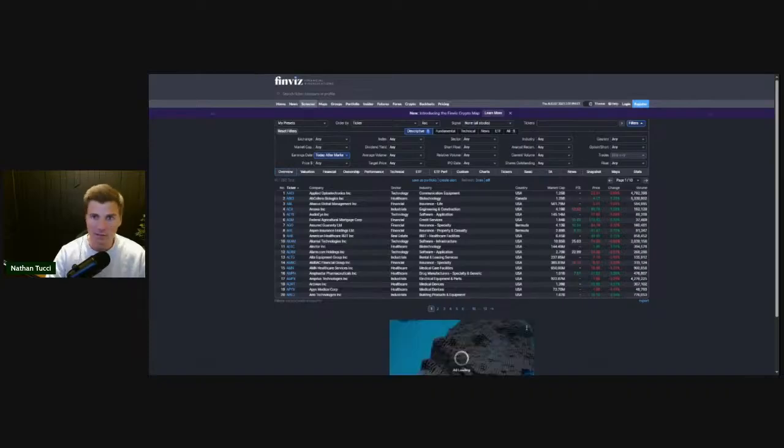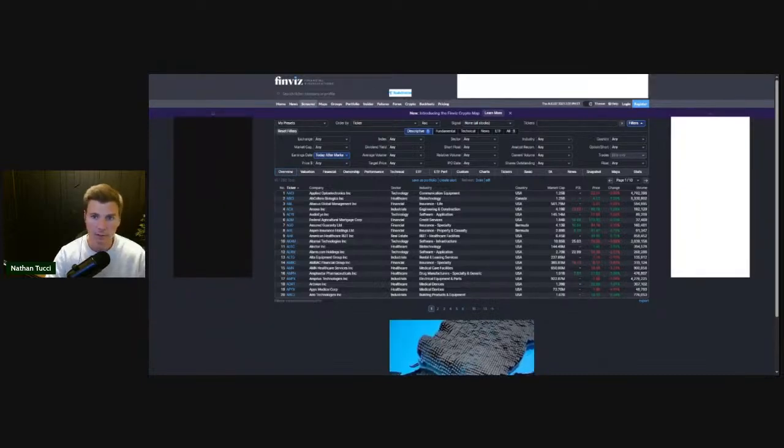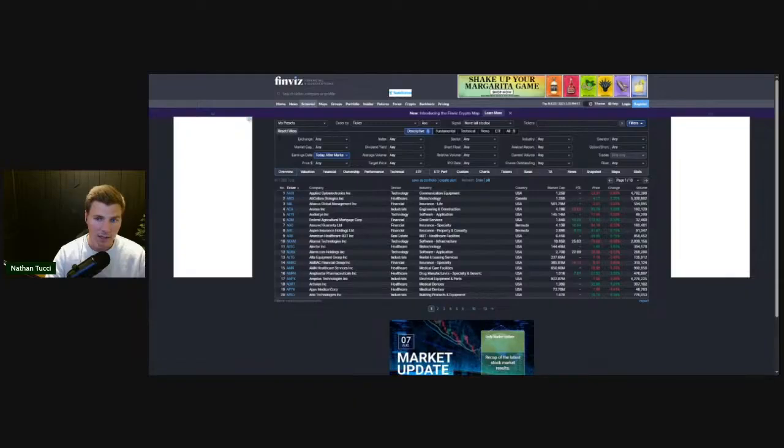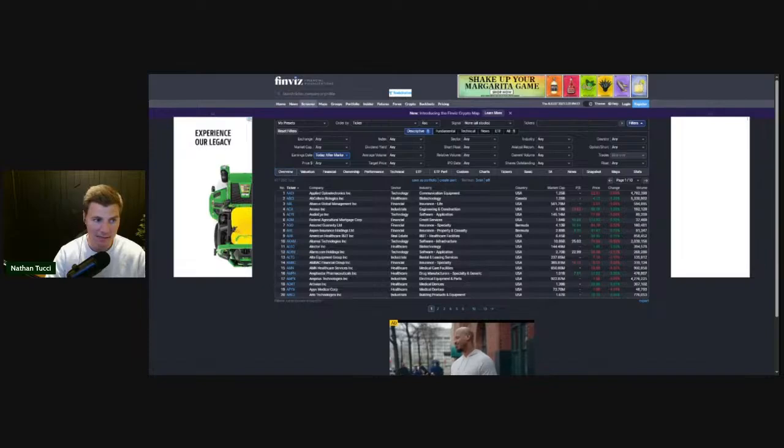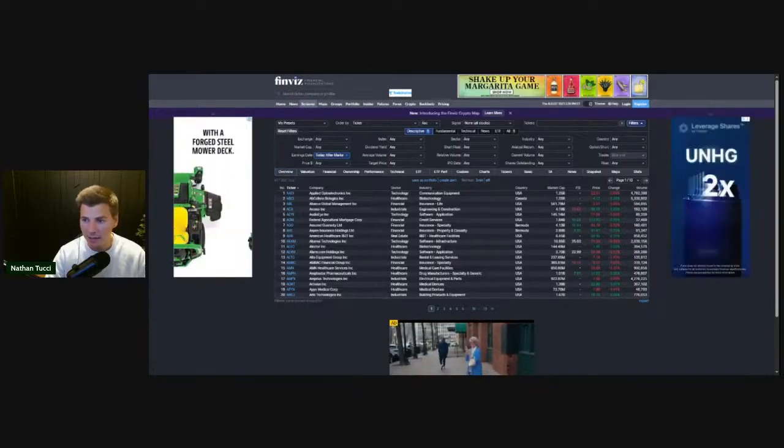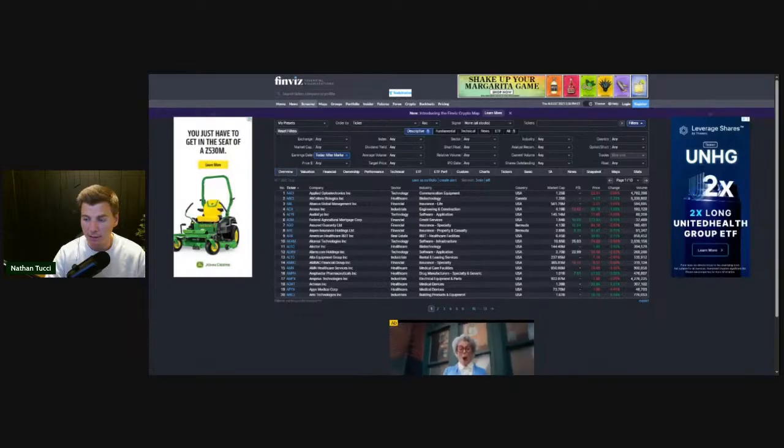Then I just copy this link, open a new tab, and do the same thing, except I do earnings tomorrow before market open on the second tab. That way I'm getting both the earnings happening today after the market and the ones happening tomorrow before the market opens.